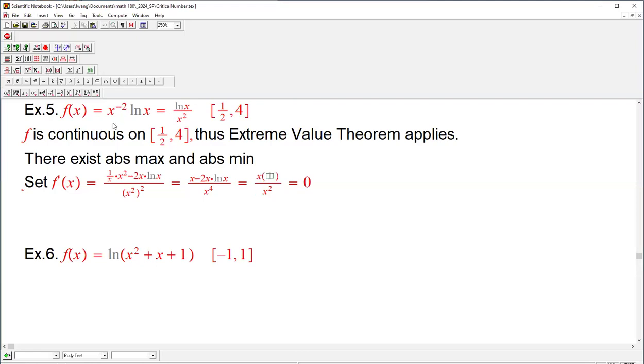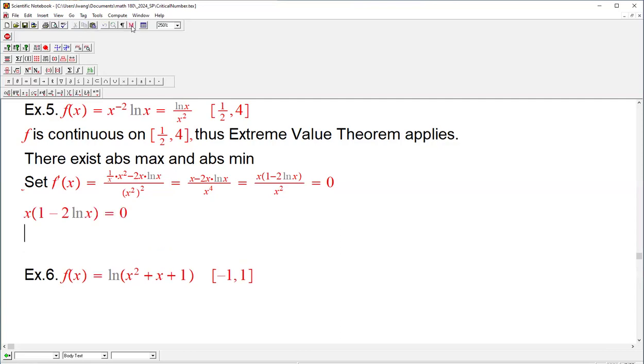So inside is going to be 1 minus 2 times ln x. When we set the whole derivative equal to 0, that means this product is going to be 0. If this product is 0, that means x is going to be 0, but you can see x equals 0 is not in the given interval, so we don't need to worry about it. The next one is that is equal to 0.